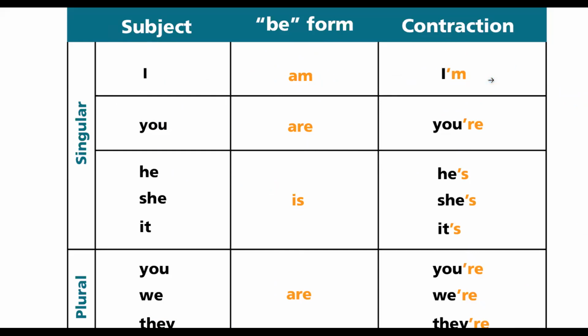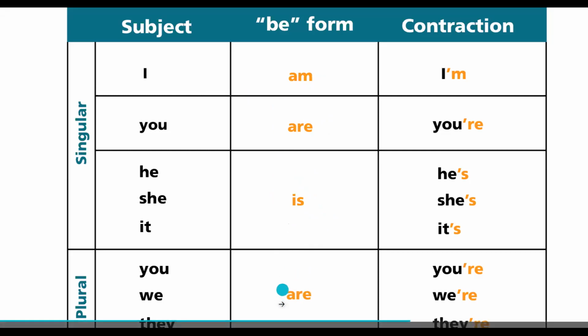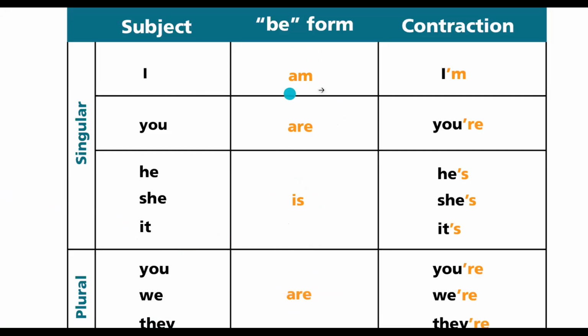I am happy, I'm happy. As you can see, we only have 3 variations, am, are, and is. You always use is for singular, and you always use are for plural and for you. And the only time that I'm going to use am is for me.